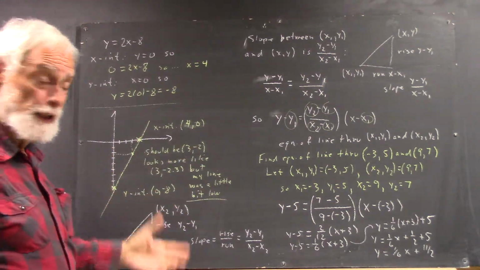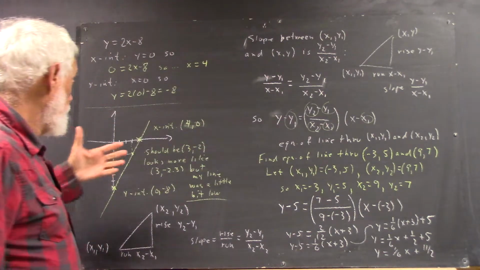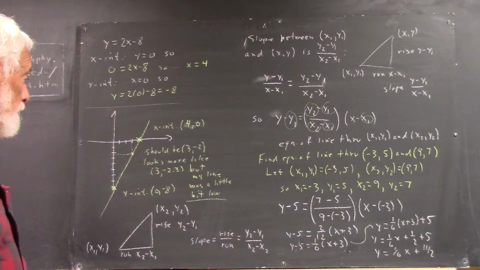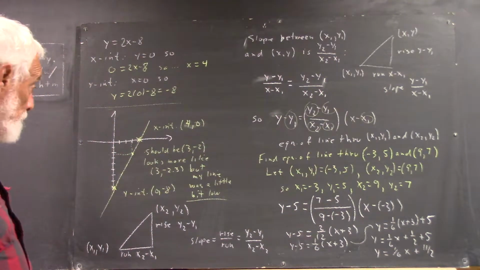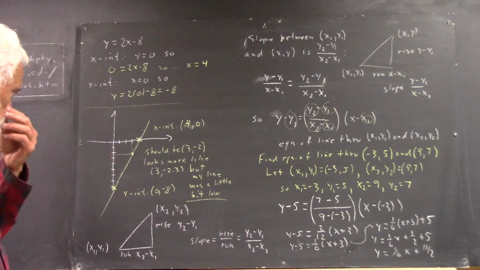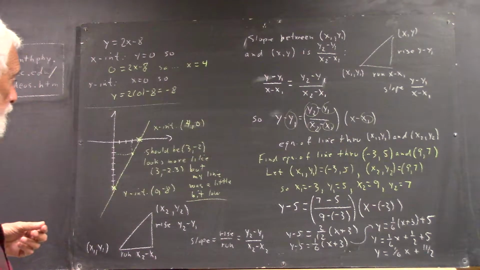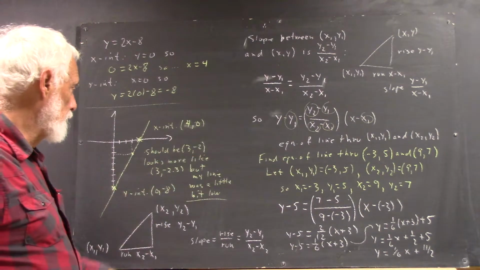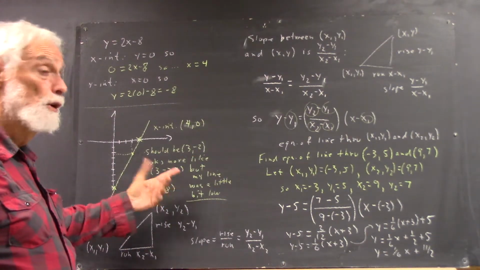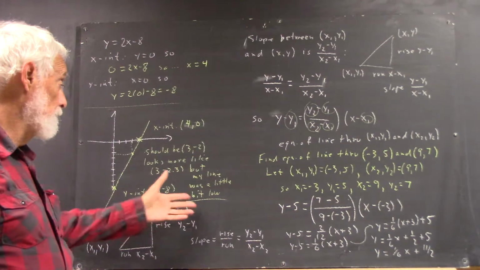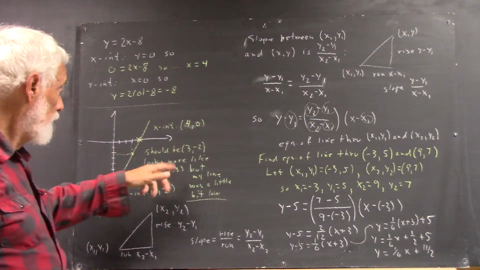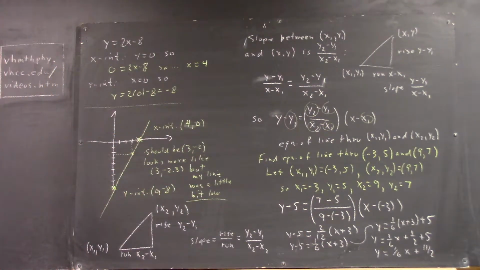And of course, this is a hand-sketched graph. We don't expect laser-like precision, okay? Okay, so I say it should be 3, negative 2. Looks a little more like 3, negative 2.3. But of course, my line was a little low, so maybe this is a pretty good representative graph.